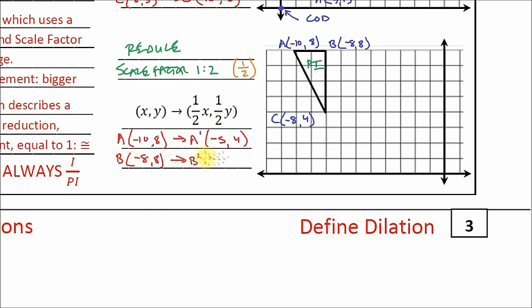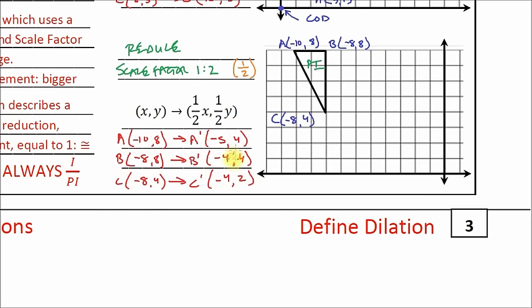That means our B prime, half of -8 is -4. Half of 8 is 4. There's our transformed coordinate. And then C. C was -8, 4. C prime is going to become half of -8, which is -4, and half of 4, which is 2.